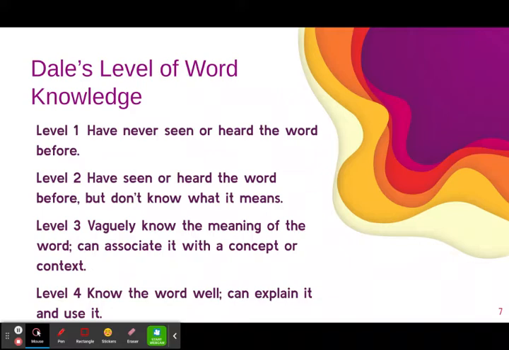Level 2, maybe you have seen the word but don't really know what it means. Level 3, vaguely knows what it means and can kind of put it together with the context. Or level 4, which is they know the word and can explain it. This is really important because this will tell you how much explicit instruction you'll need for that specific vocabulary word for your children.